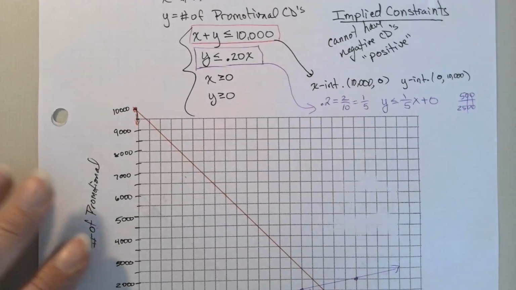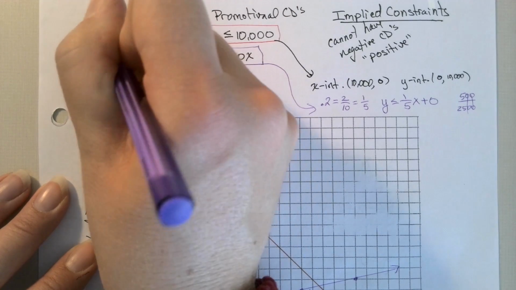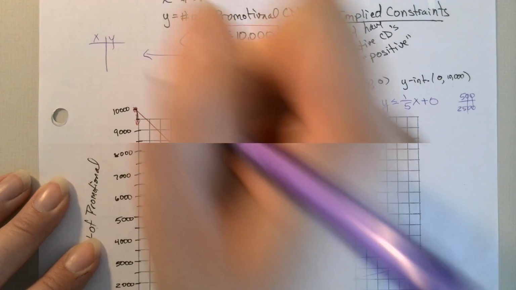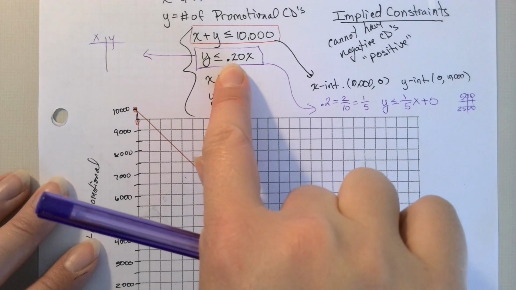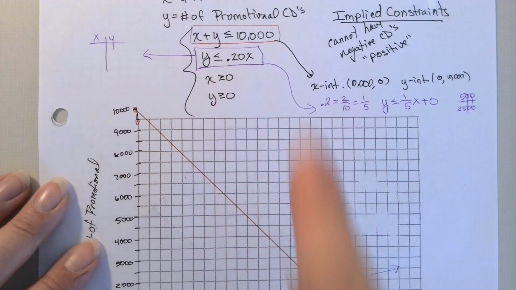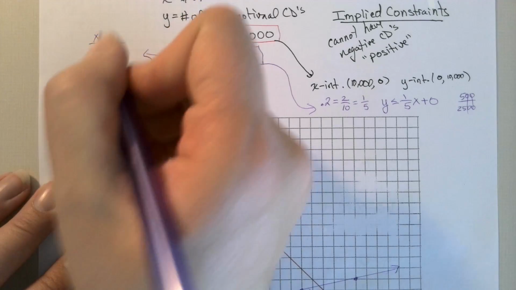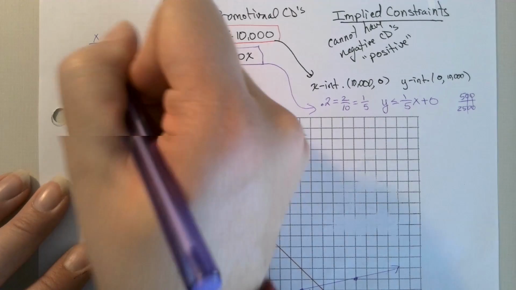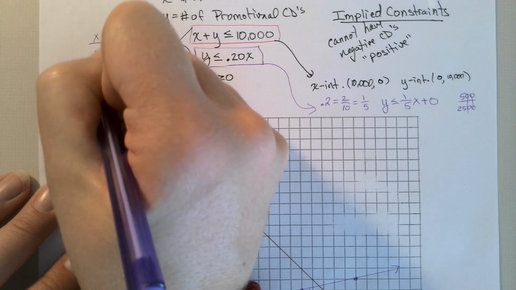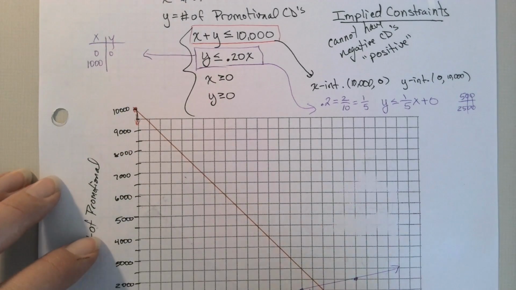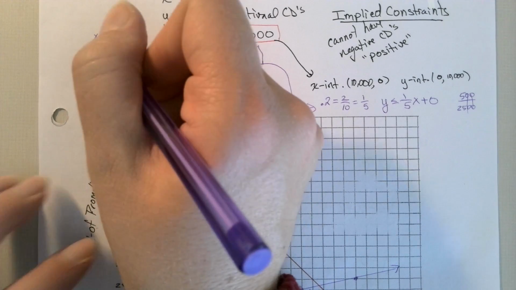I could have graphed it using a table. So if I didn't catch to change this to a fraction, or it was a really messy fraction, or my interval wasn't the same, like I counted by 500s and thousands, then I would have put numbers in, like I put 0 in, I get out 0. I put 1,000 in, I should get out, I think, what did I say?